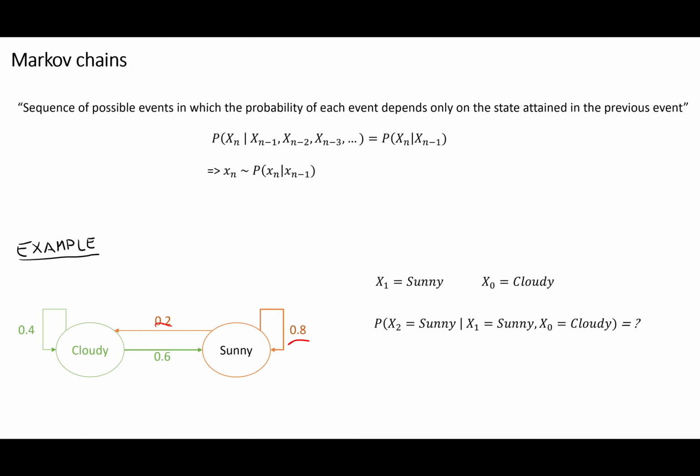The Markov property is that the weather tomorrow only depends on the weather today. So it doesn't matter if yesterday was cloudy, sunny, or if the sun had some eruptions, whatever. The only thing that matters for the weather tomorrow is the weather today.